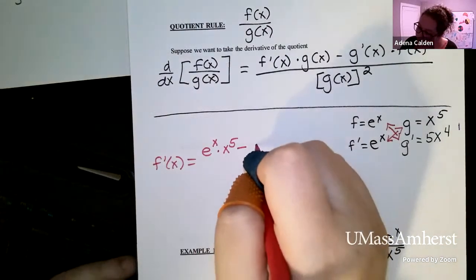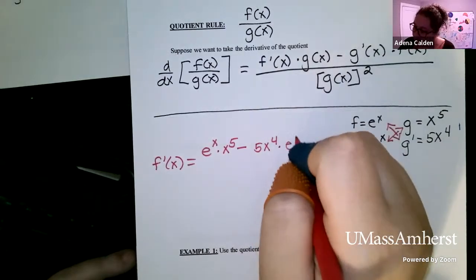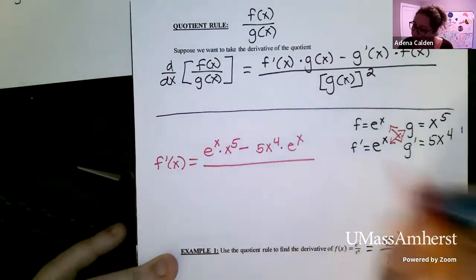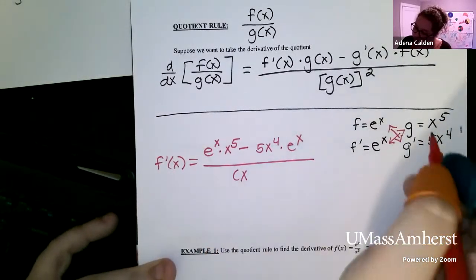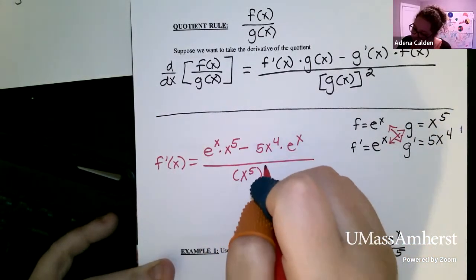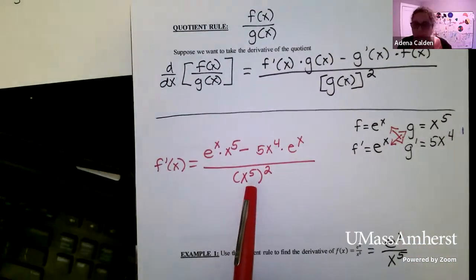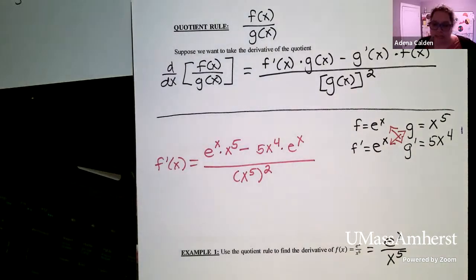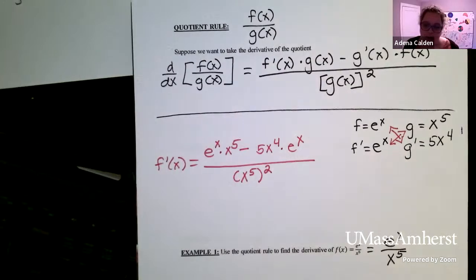Okay, so we get 5x to the fourth times e to the x divided by g of x squared. So x to the fifth squared. So as I mentioned, we usually leave this like this. You could write this as x to the 10th, because if you raise a power to a power, you multiply those two powers together.